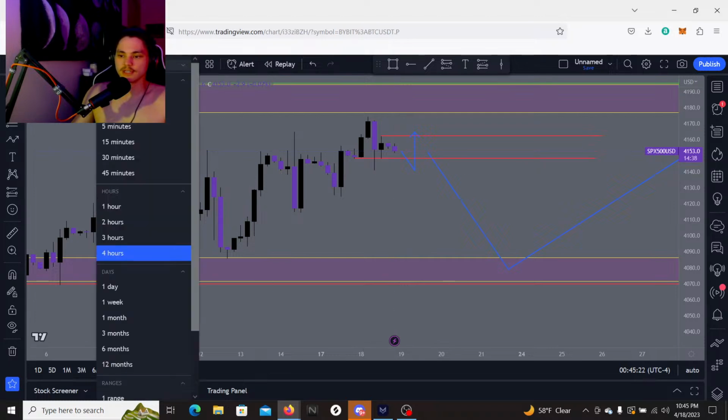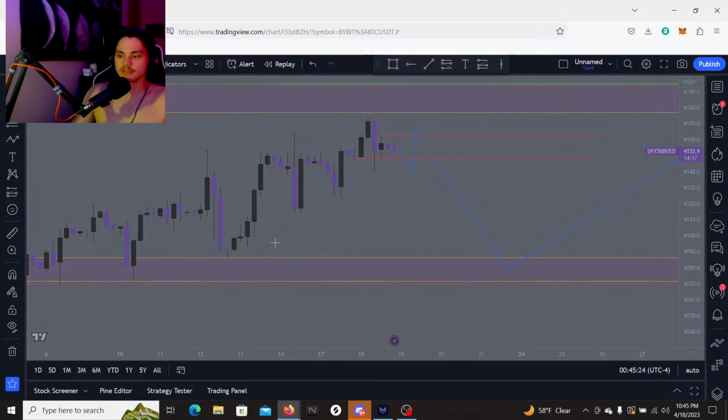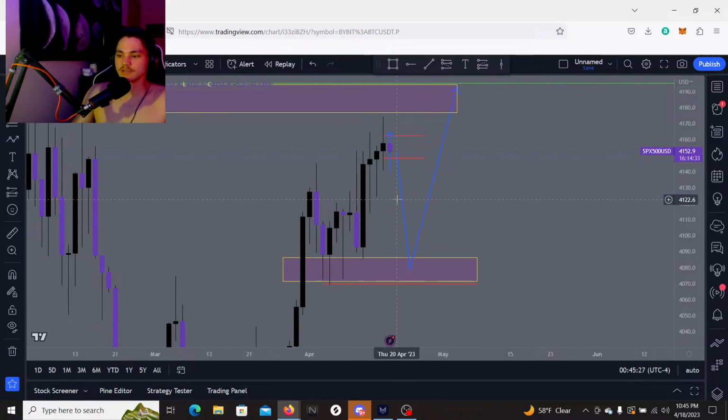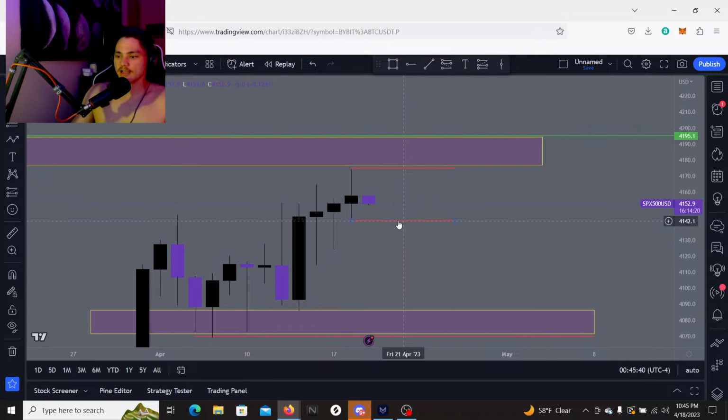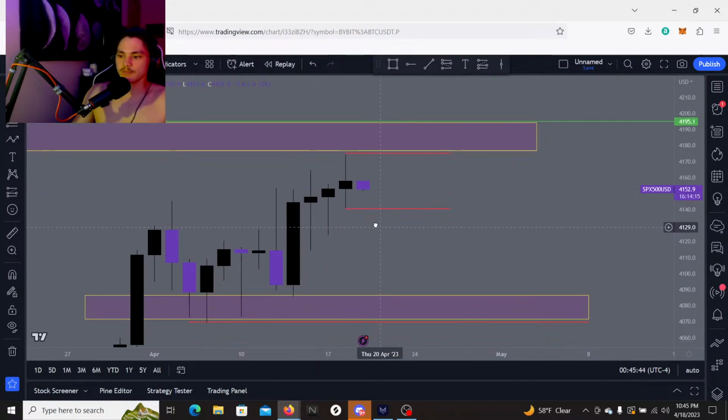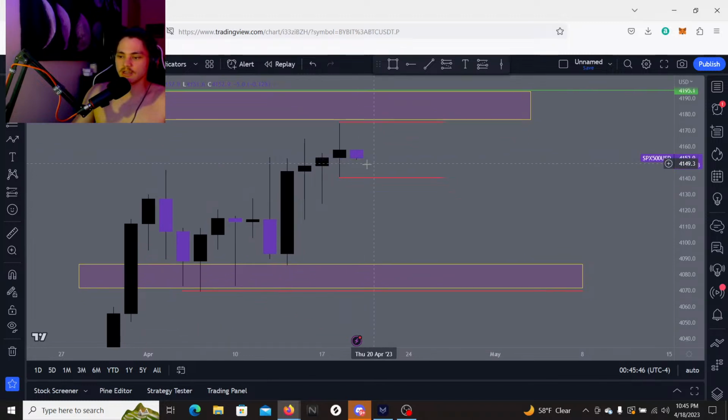Let's mark out the previous day highs and lows real quick. Let me just get rid of some of this stuff because we don't really need it. So here's the previous day high and lows right here. I genuinely think my forecast is during London session, while I'm sleeping, we sweep the low. I think we take out a low.